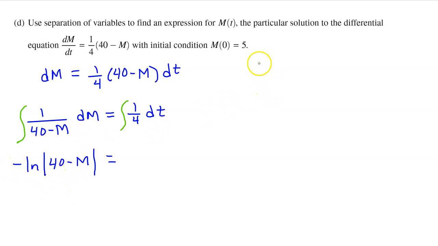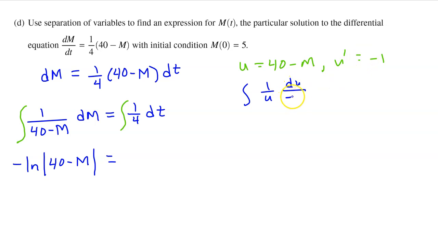For students who are not comfortable with mental u substitution, I'm going to go ahead and do it out. If we let u equal 40 minus m, that means u prime is equal to -1. So we could rewrite this integral as the integral of 1 over u, and then instead of dm, we write du over u prime.